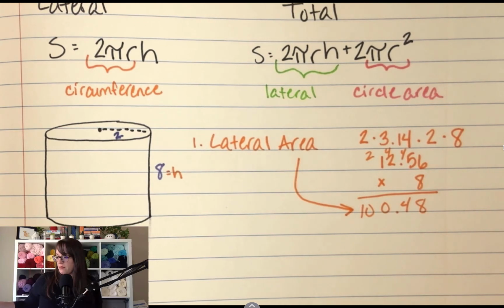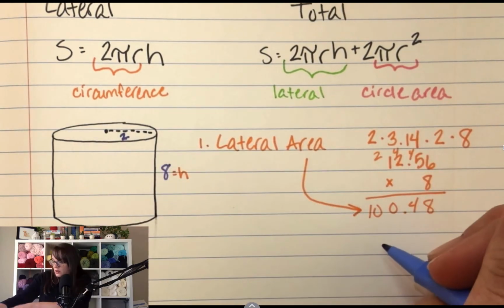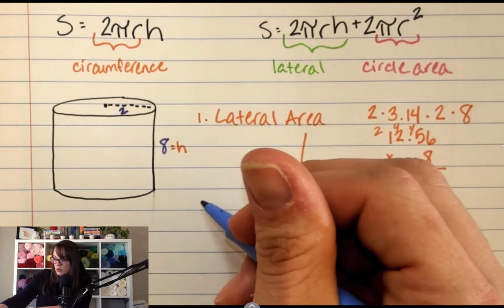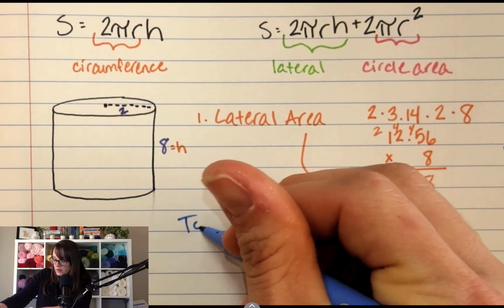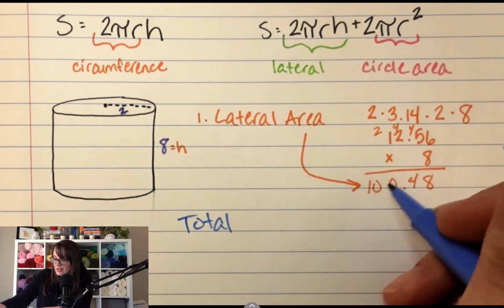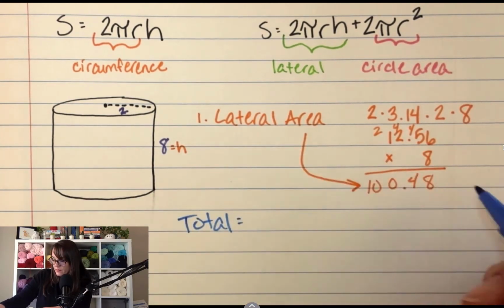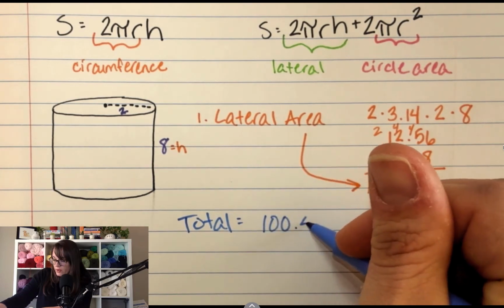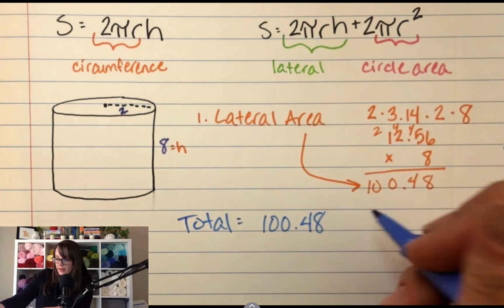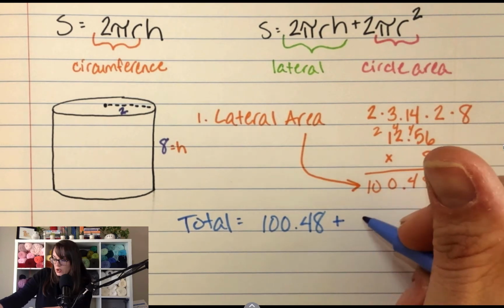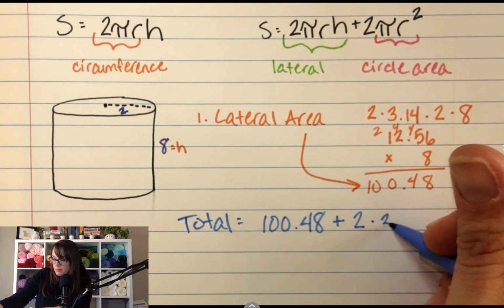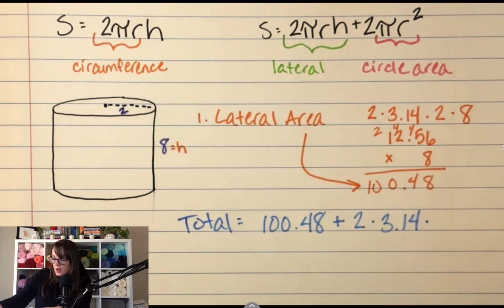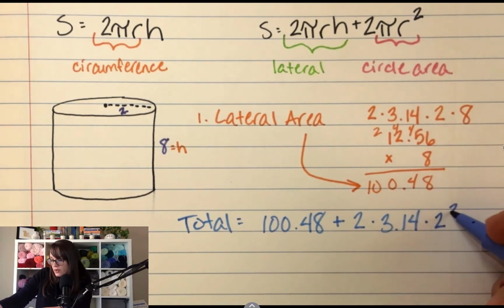Done with that. Now if I wanted to find total surface area, let's do total area. I have to take my lateral area, so 100.48 for my lateral area, plus 2 times pi, and what's the radius again? 2 squared.